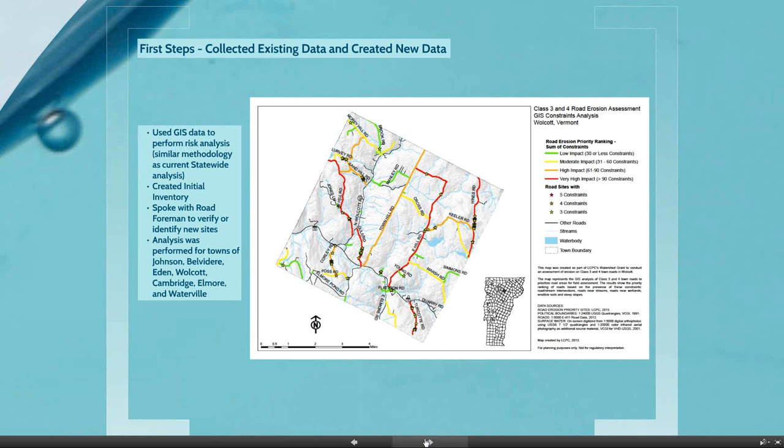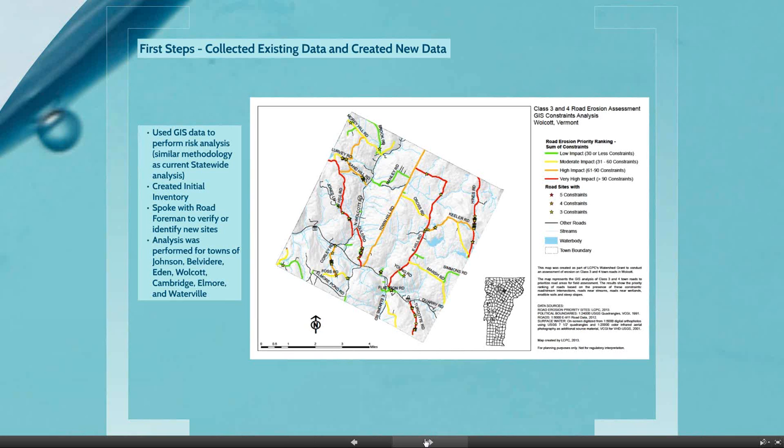And so, with the Lamoille project, the GIS data was first used to do this assessment. The initial inventory, based on the field investigations, was completed. Spoke to the road foremen in each town and really got their information on existing sites, and any new sites that they knew about that have just cropped up from a recent storm event, for example.